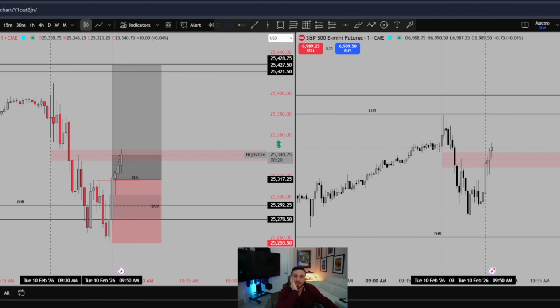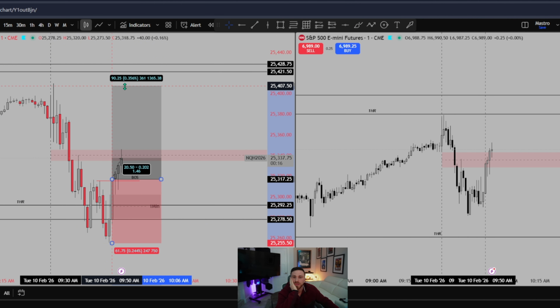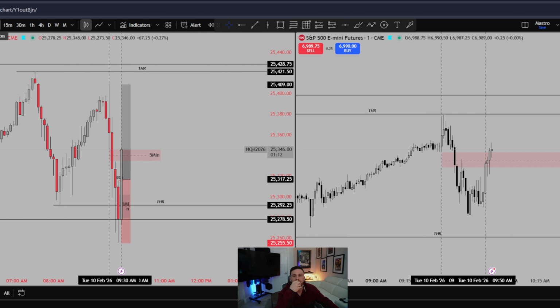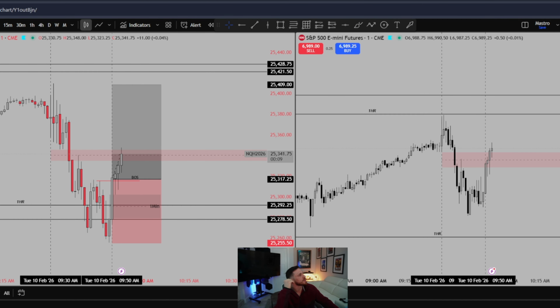If you want to pump, you're going to pump. Do you want to pump? 421, 420. Moving a stop up more.